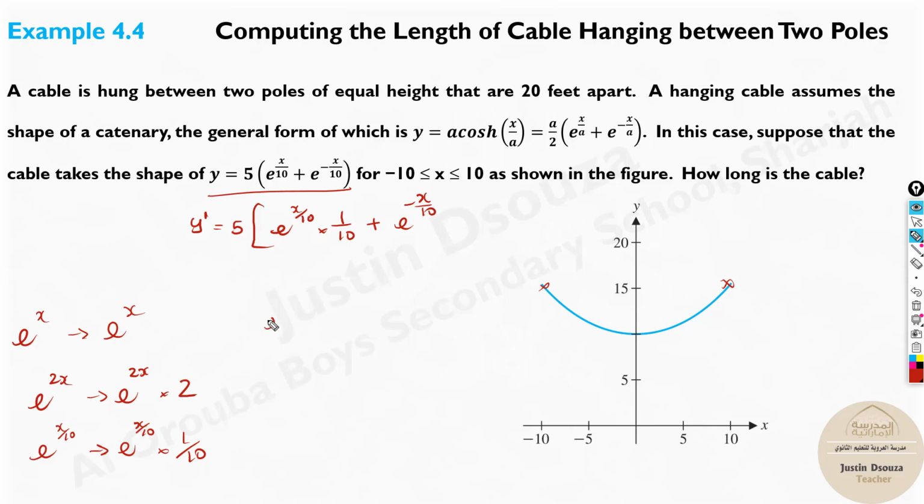Do you remember the derivative of e to the power minus x? It is minus e to the power minus x. Now what happens when we have e to the power minus x by 10? It's going to be minus e to the power minus x by 10 multiplied by 1 by 10. Or you can just derive this and get minus 1 by 10.